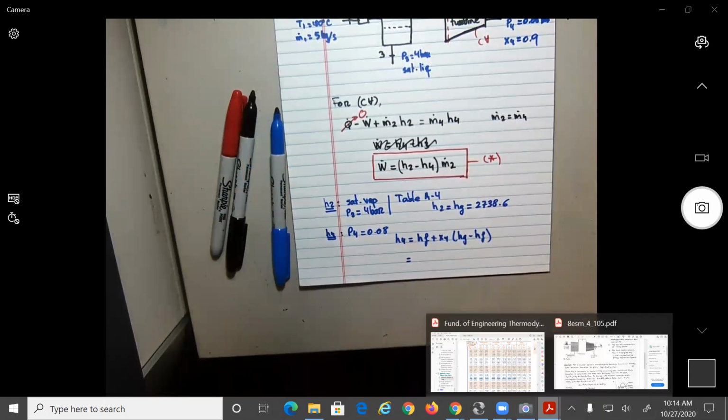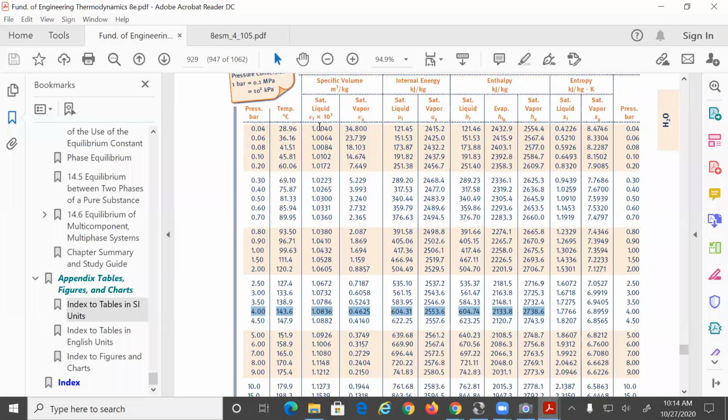So table A4 at 0.08. Okay, we can copy this value.